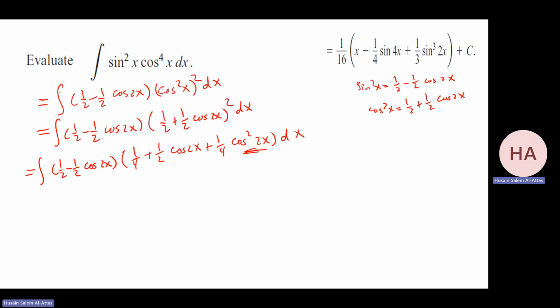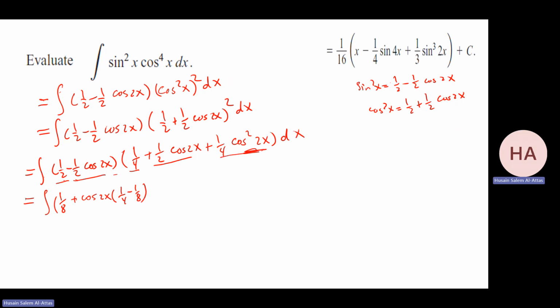I have cosine square, this one I need to get rid of. Before that, let me do the multiplication. The constant times the constant will be 1 over 8. Now I have the coefficient of cosine 2x, this times this, and this times this. So cosine 2x will be times 1 over 4 minus 1 over 8. What about cosine square?